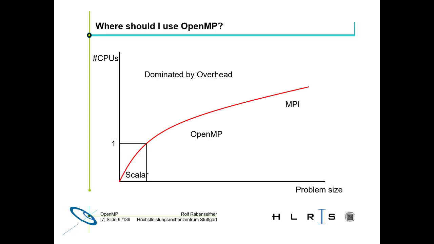So where should you use OpenMP? Well, basically you would do that for the mid-range of programs, in the sense that the number of CPUs is not that large as for MPI, but it's somewhere in the middle.